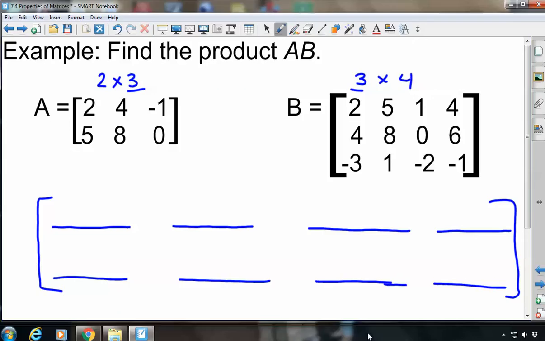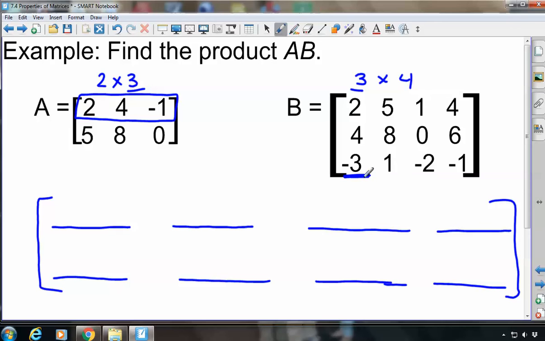When you do this, you multiply a row by a column. So if I'm looking at the very first number, this is row 1, column 1, right? So we have to take row 1 times column 1 in our matrix.